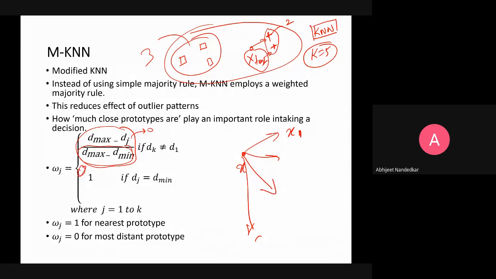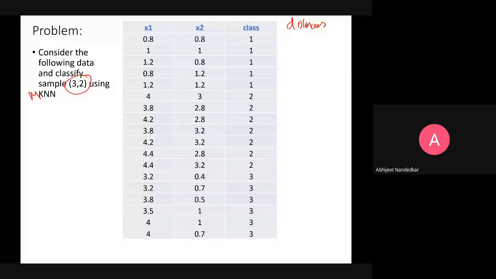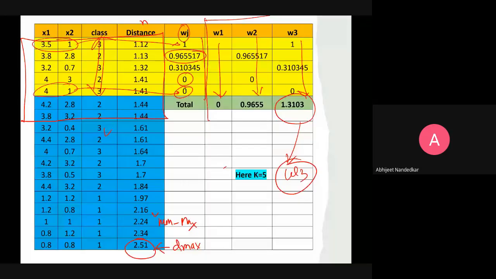If dj is equal to d min, then you will get maximum weightage. Now what we do, we just then split these weights according to their class labels and then sum. Okay, so whichever sum is more, then we decide that class.